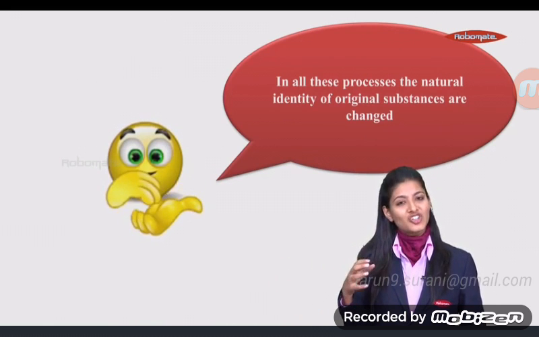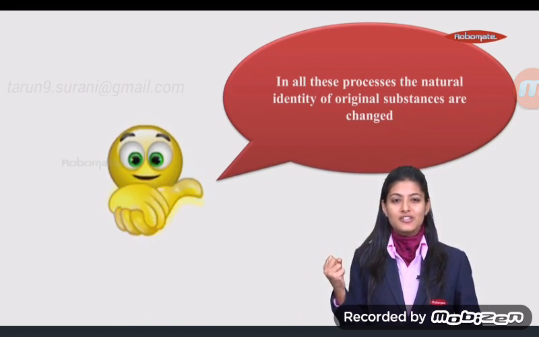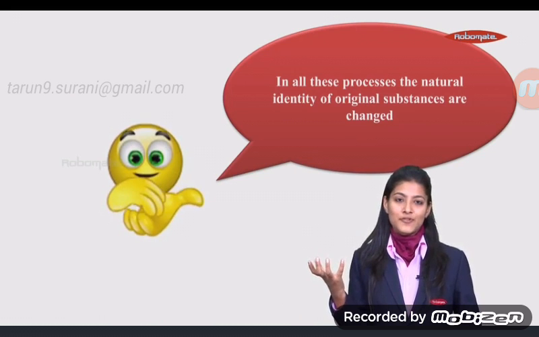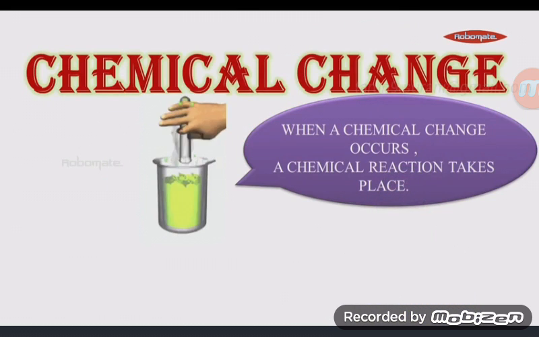And when the natural identity of the original substances is changed, such changes are called chemical changes. And when a chemical change occurs, a chemical reaction is bound to take place.